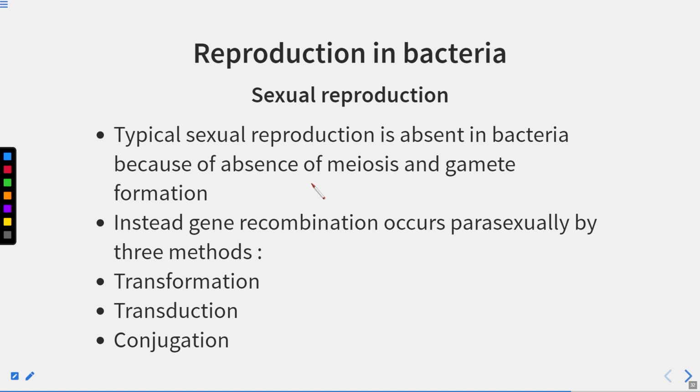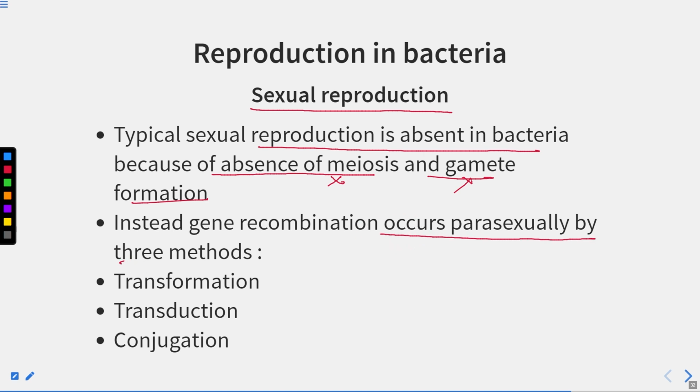Coming to the reproduction in bacteria, that is the sexual mode of reproduction. Typical sexual reproduction is absent in bacteria because of the absence of meiosis and gamete formation. So again here, no meiosis is there, no gamete formation is there. So sexual reproduction is quite difficult. Instead, gene recombination occurs parasexually by 3 methods.